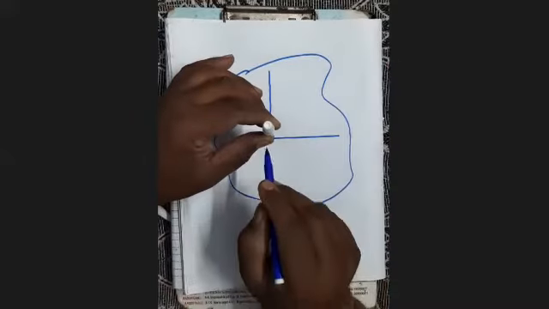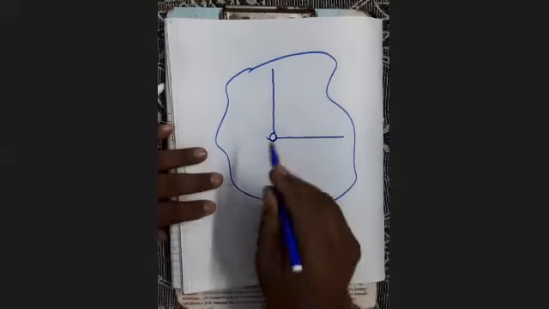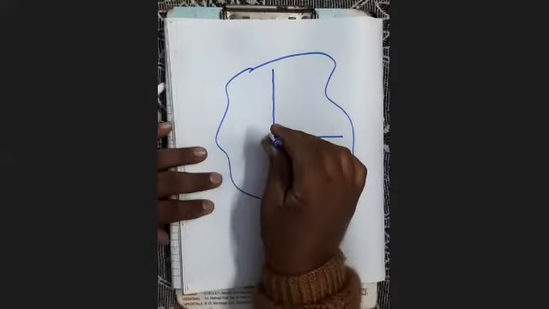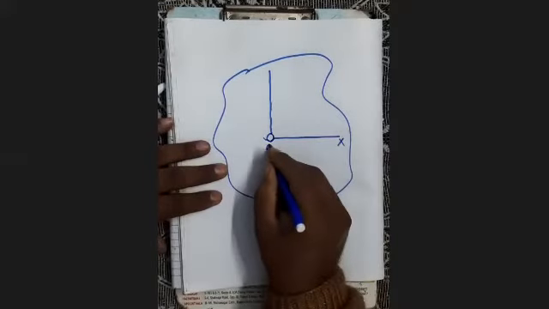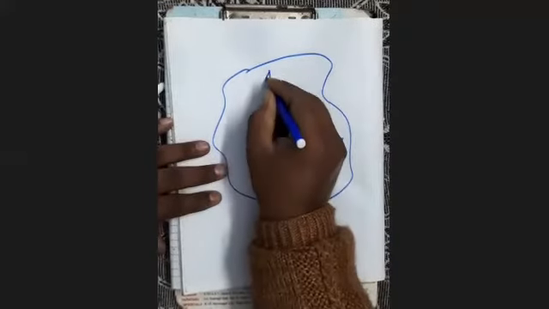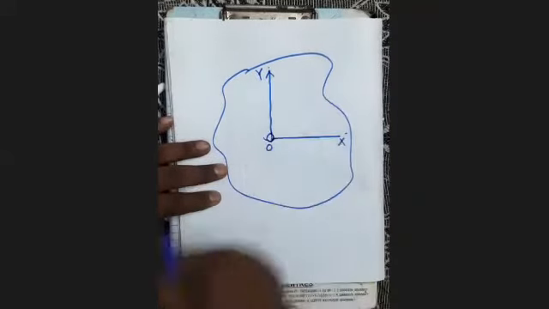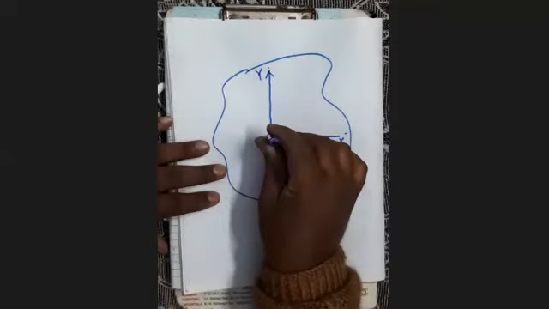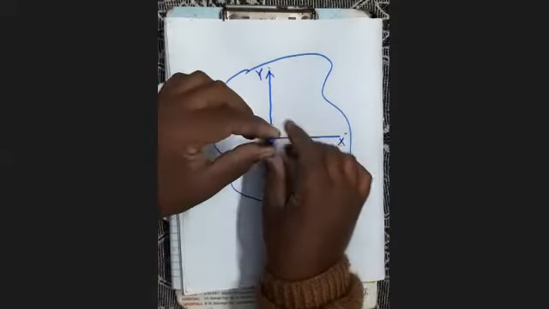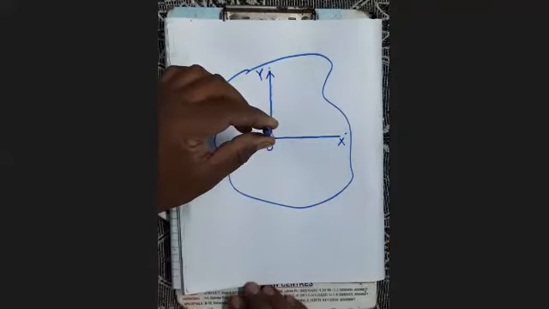Where perpendicular axis is meeting the lamina. So see here, MI about this axis will be equal to the moment of inertia about this axis plus about this axis.